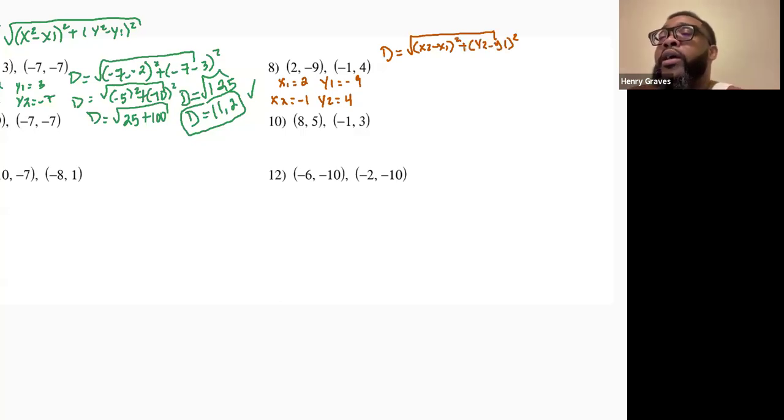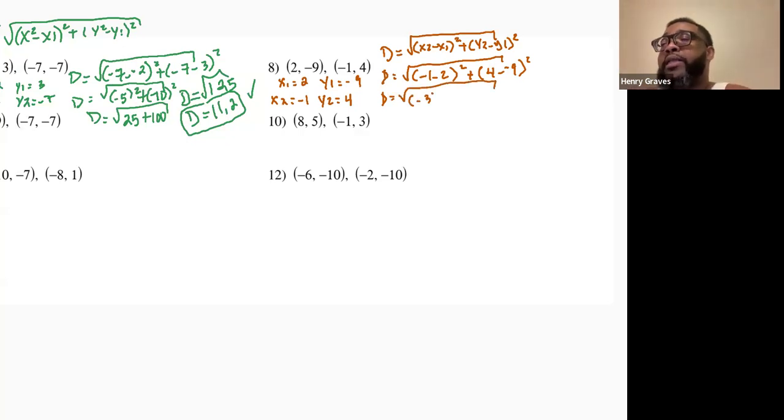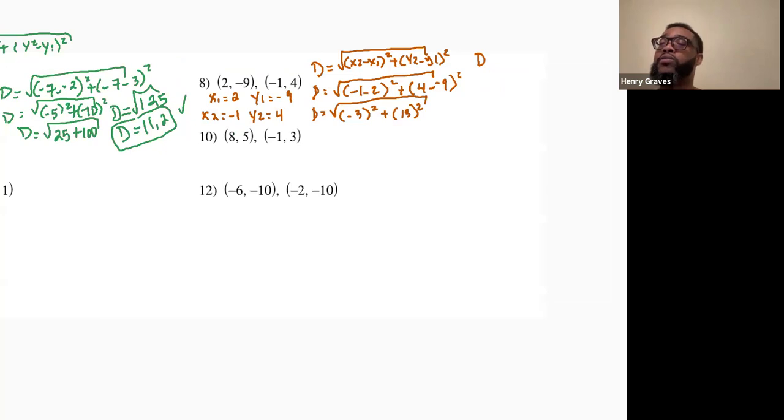Distance is going to be -1 minus 2 squared plus 4 minus -9 squared. My distance is going to be the square root of -3 squared plus 13 squared. So for number 8, my distance is going to be the square root of 9 plus 169.